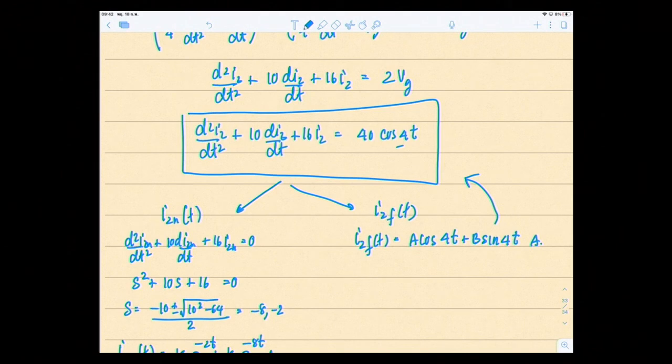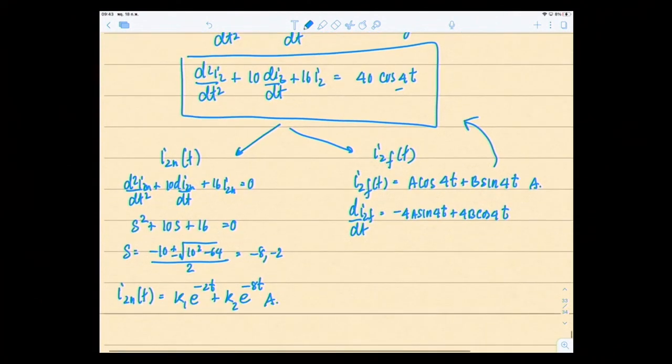I need to differentiate once and twice, so I will do it so that I have it ready when I want to use it. So dI2f/dt equals -4a sin 4t + 4b cos 4t.